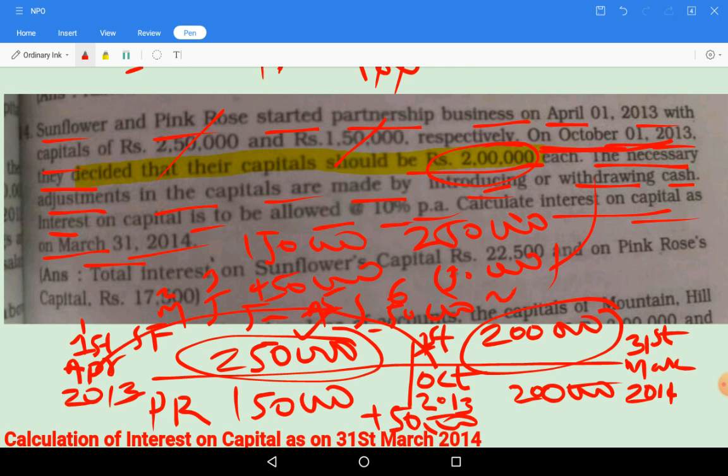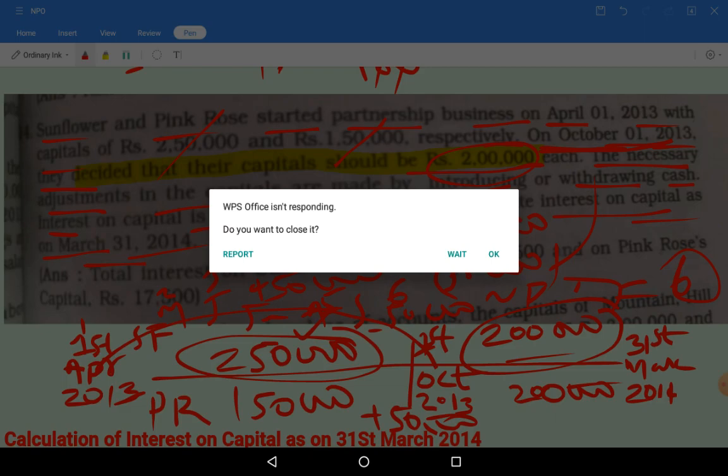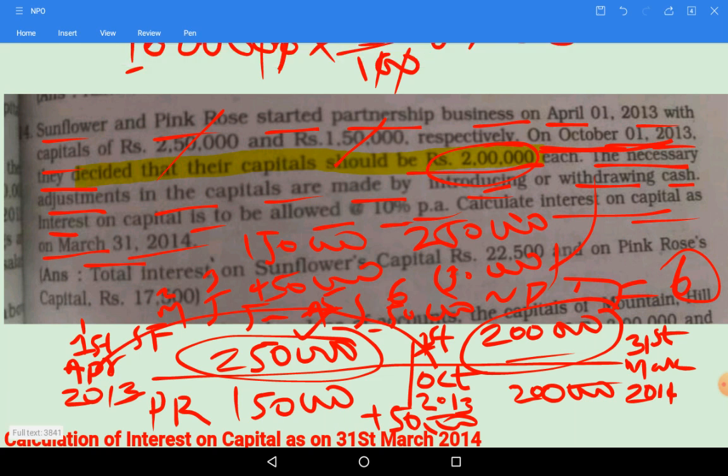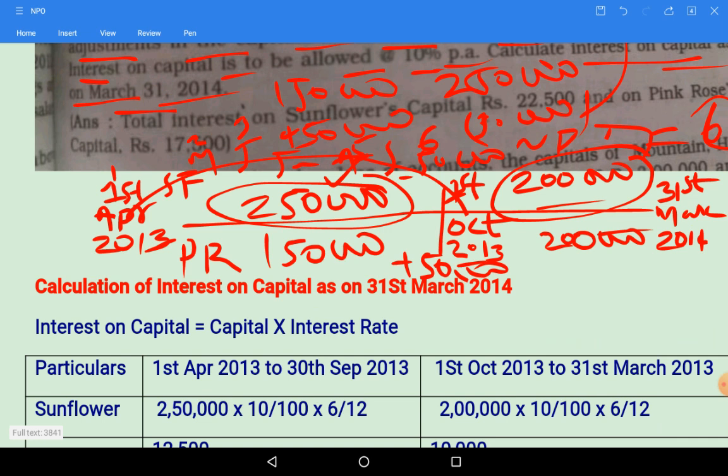October, November, दिसंबर, जनवरी, फरवरी, मार्च. अक्टूबर ये इंटरेस्ट होगा 2 लाख के ऊपर. दी कैलकुलेशंस, लेट अस सी दी कैलकुलेशंस. That is what I will going to show you.